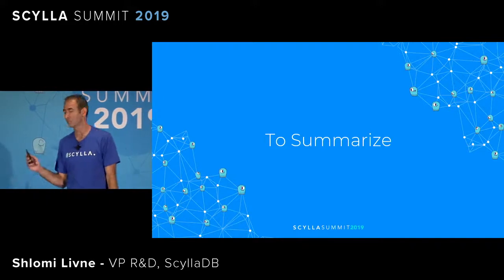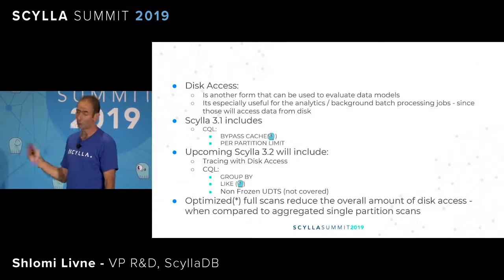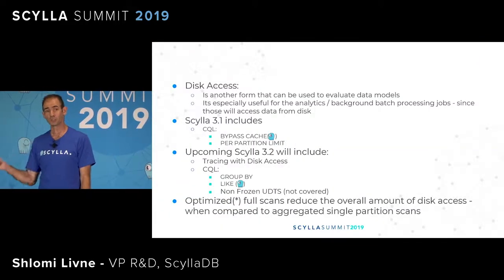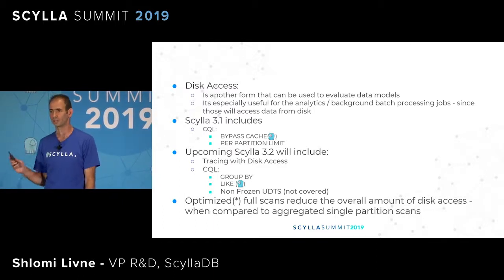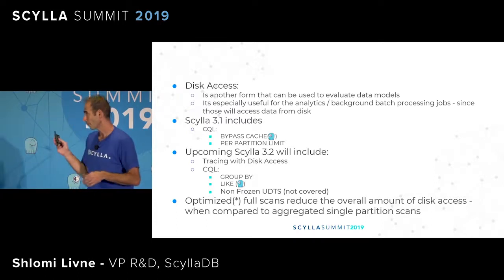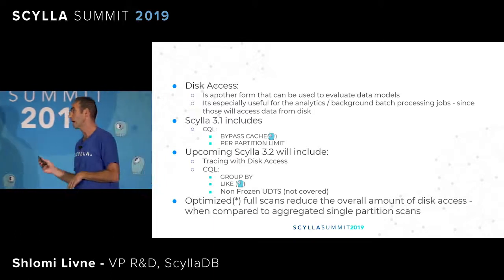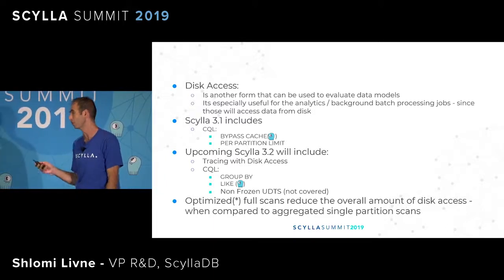So to summarize, I hope I convinced you that disk access is a tool that you can use. So you can actually check your queries. What will be more efficient on a simple data set? Scylla 3.1 has bypass cache, which is a Scylla-only feature, and per-partition limit.